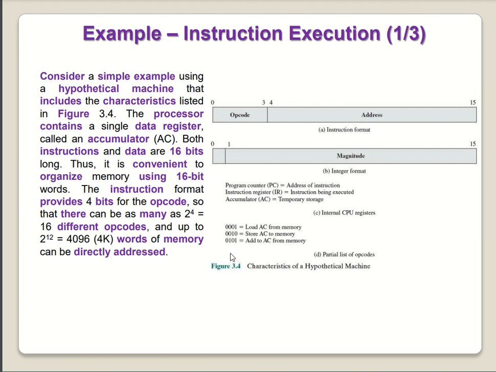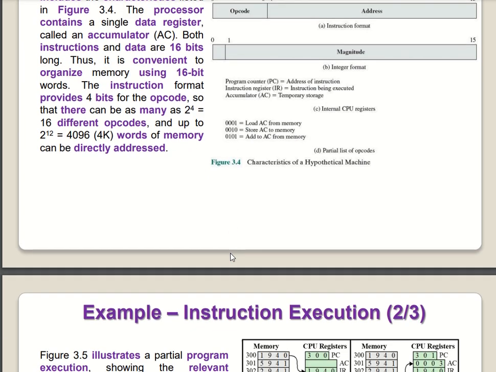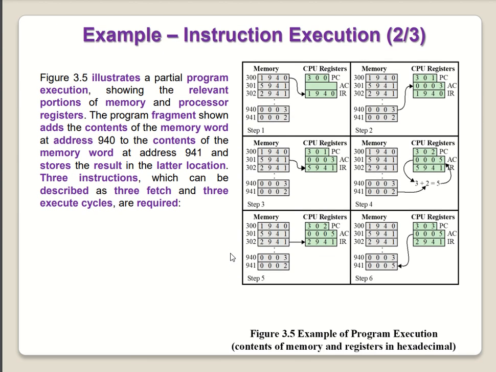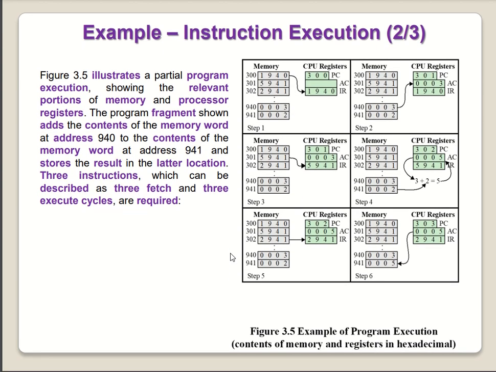So now let's see one example of how a program will be executed in a sequential manner. Here is the example for the instruction execution. Let's assume in figure 3.5, there is an example given here.